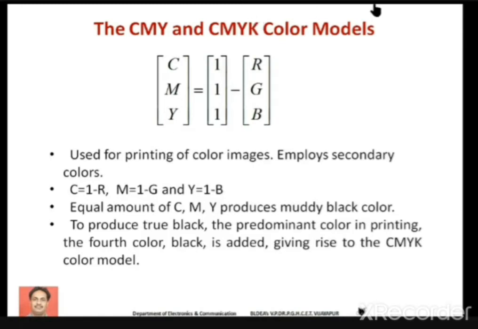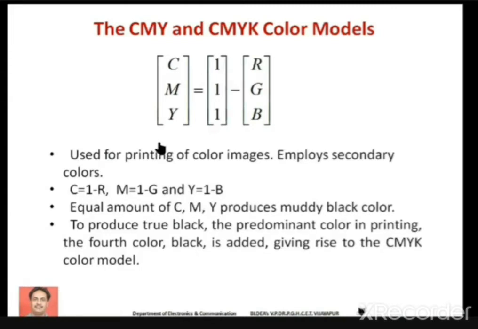Okay, here we have the equation for obtaining C, M, and Y. The equation is very simple. On the left hand side we have written CMY, and here we have 1 minus R, G, and B. This equation indicates that cyan equals 1 minus R. The meaning is that the cyan color does not contain red.